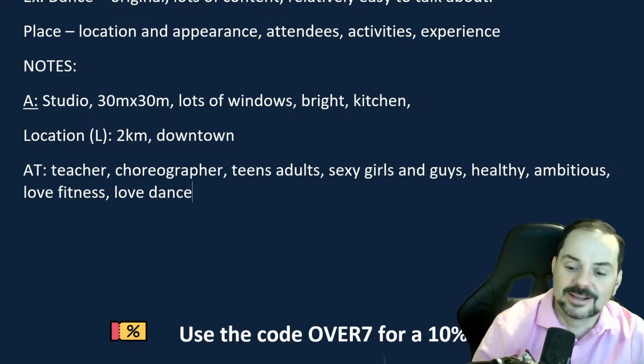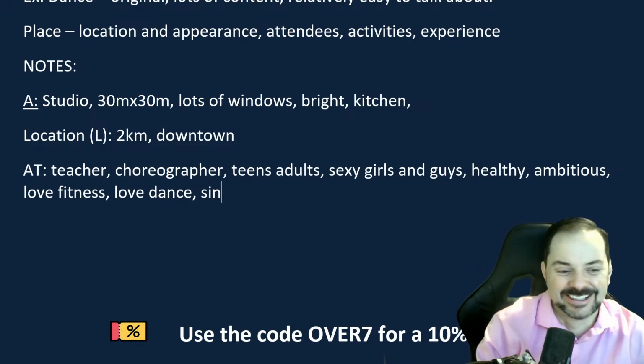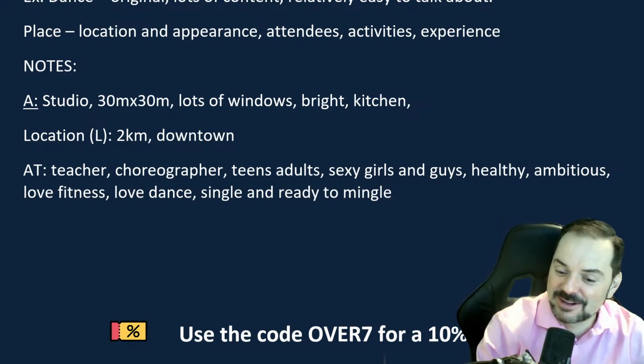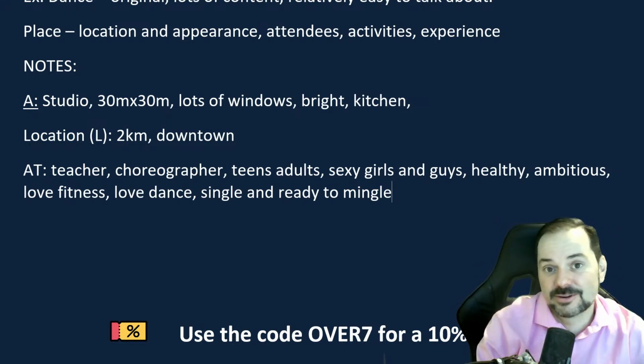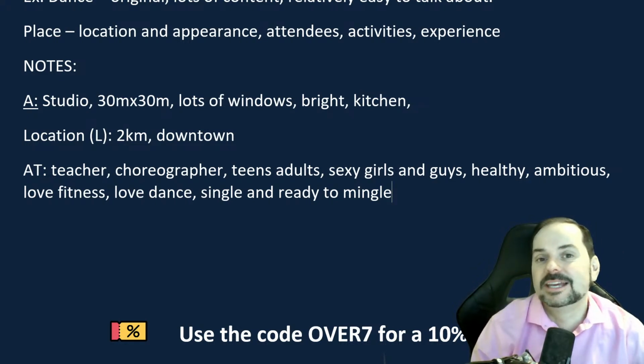Energetic people. Romelia says, single and ready to mingle. I love it. Single and ready to mingle. See all the good language that comes to mind, Romelia, when you have a good topic? This, of course, is another very good reason to have a good topic for your part 2, because then language just gives itself, right?